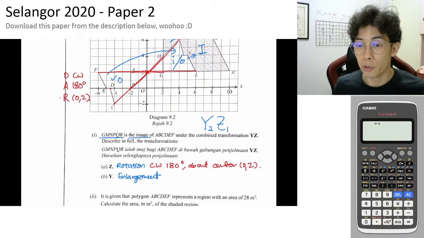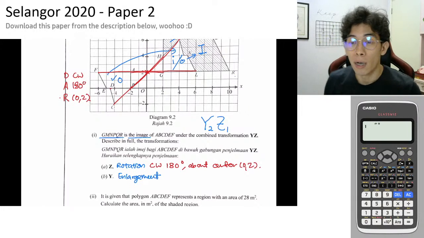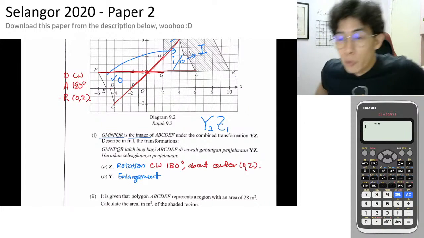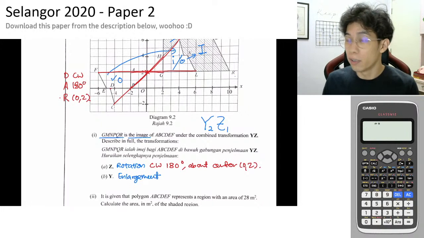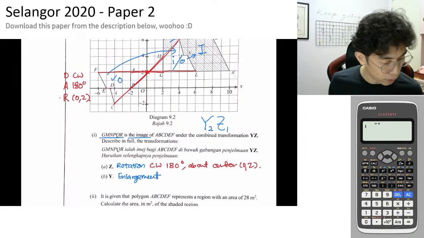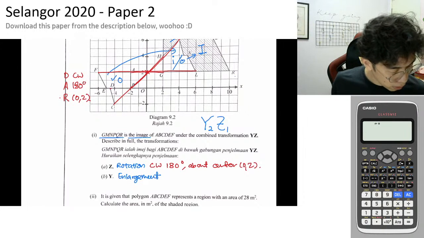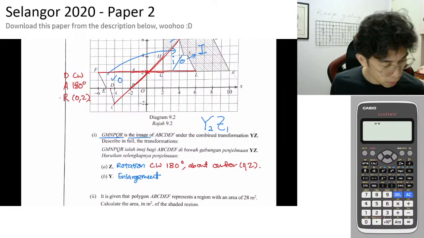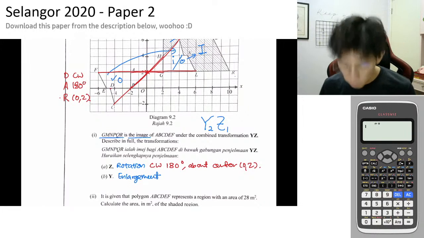Okay, continue. Sorry, it's about some notes allocation thing in Form 1 groups. I think I mentioned it to the normal class. Now, come back.